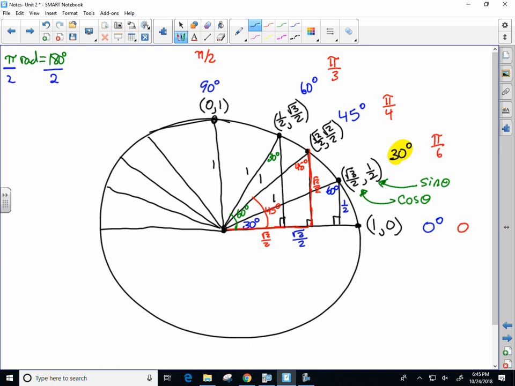So basically, you'll get another crack at it. Let's say you bomb the unit circle quiz on Monday. When we take the second one, if you do well on that, I'll replace the bomb with the score you get on the second one because it means that you will have done better on something more challenging. So why not give you that opportunity?